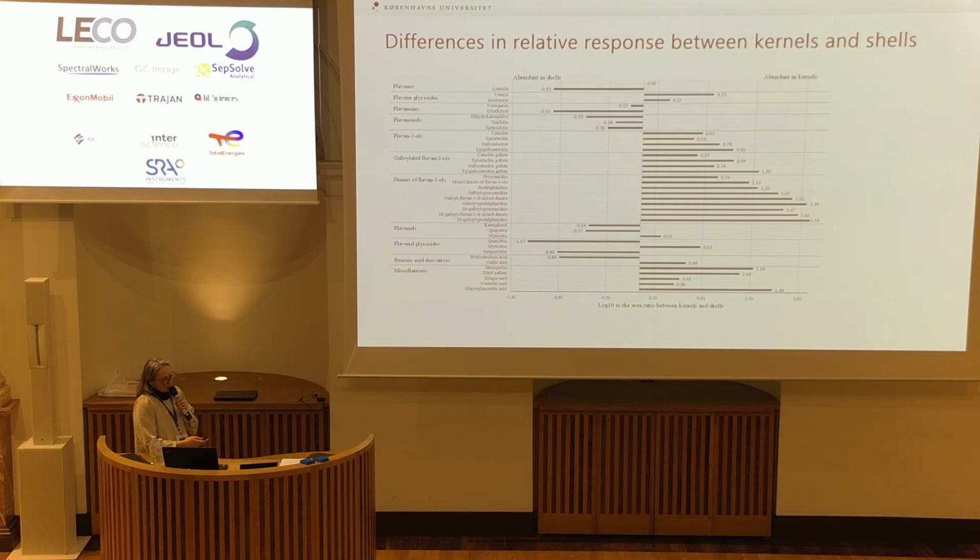And we can really see that there's a distinct distribution of metabolites. So some of the metabolites are a lot more abundant in shea shells, and some are a lot more abundant in shea kernels. And for example, these flavanols and the proanthocyanidins, they have a range of beneficial properties, right?